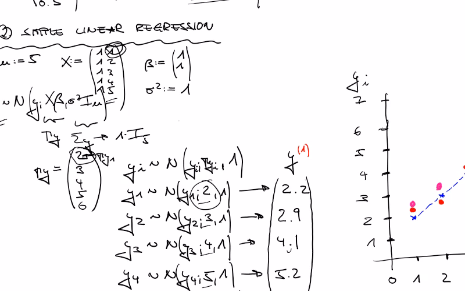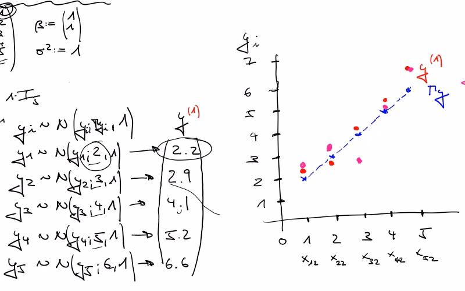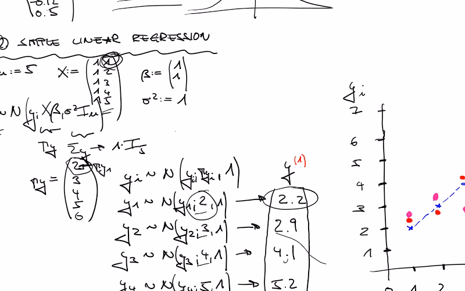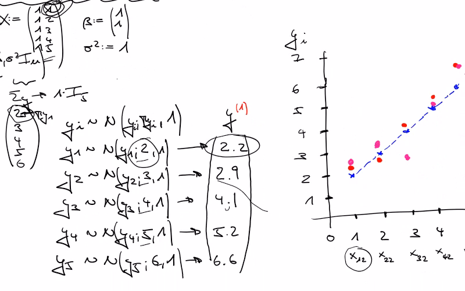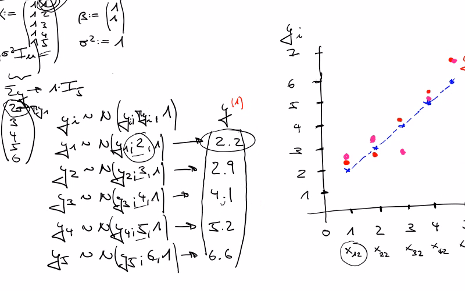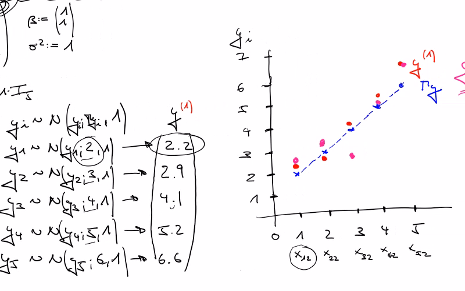And now a sample is drawn that has its expected value at 2. So based on the variance, a very likely value is, for example, 2.2. So this is why for the x value 1, which is this x value here, we sample something that is 2.2. And this carries through.